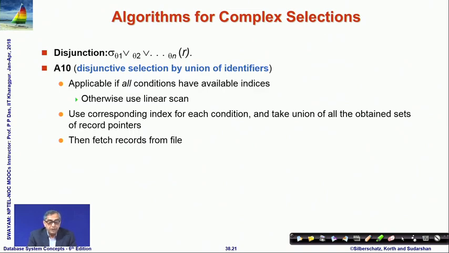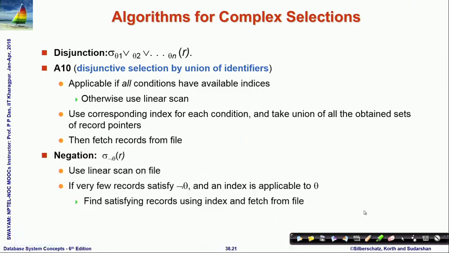So, if we have an index on each one of these conditions, then I can use the corresponding index for each condition, get the results, take their union and then fetch these records. So, I just gave you a quick outline of some of the different algorithms that selection could use.